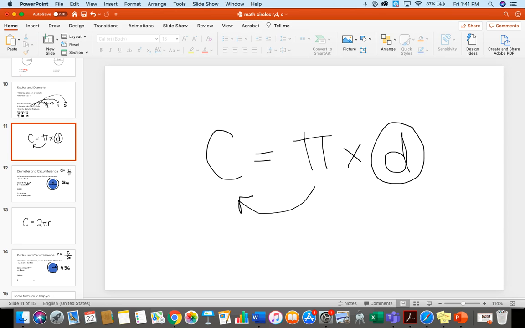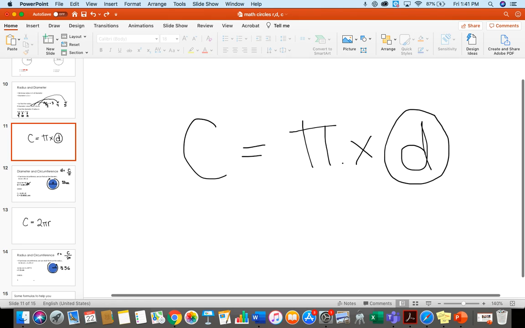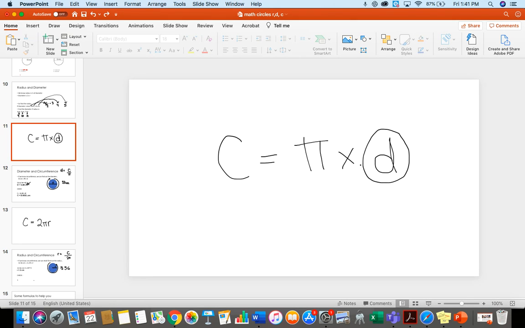No, that can't happen. So in order to get rid of the pi, you have to pay attention to what operation is happening right now, and we have to do the opposite. So if it's being multiplied right now, in order to keep D alone, we're going to have to do the opposite. And what's the opposite of multiplying? You got it, it's division.